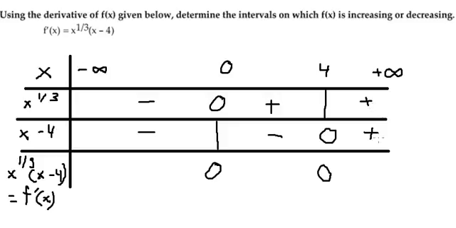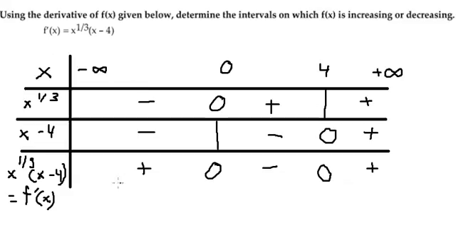Plus multiplied by plus, positive with positive, you get positive. Positive with negative, if we multiply each other, you get negative. Negative with negative, we multiply each other in here, you get positive.